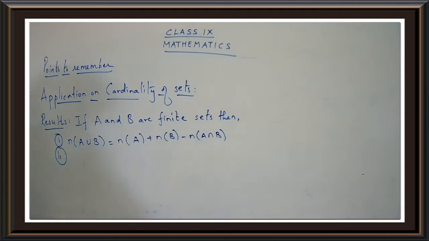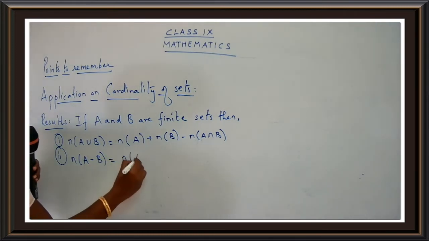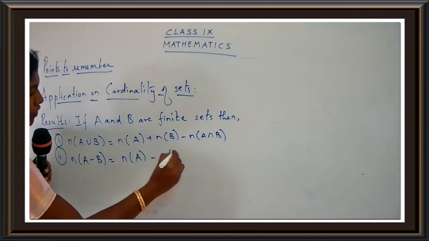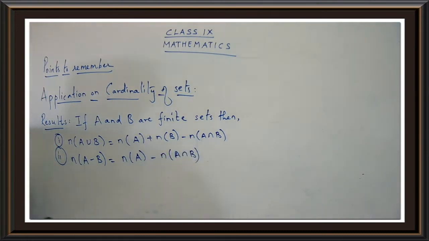Okay, take on the second result. N of A minus B is equal to n of A minus n of A intersection B. So this is the second property. The third one, n of B minus A. So how are you going to write B minus A?